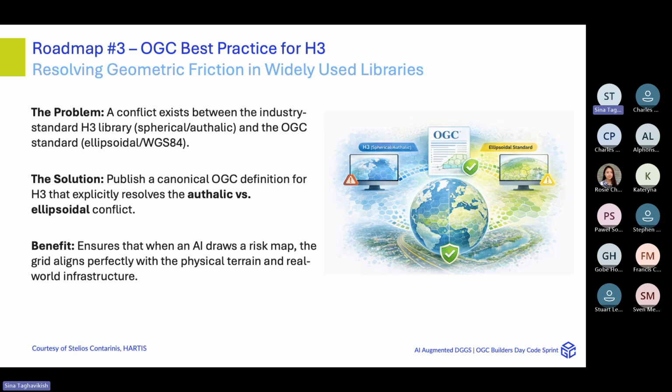So we need to publish a definition that will explicitly resolve this issue, and we need to do this very, very fast. Because if we want DGGS to be interoperable, we want to make sure that the people who use that library know that if they don't use it properly, it's not going to be interoperable. It's going to be a waste of money, another data silo.